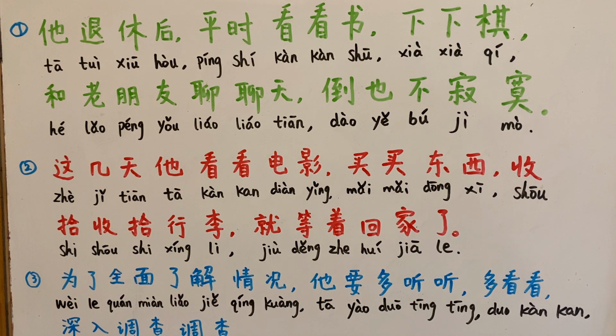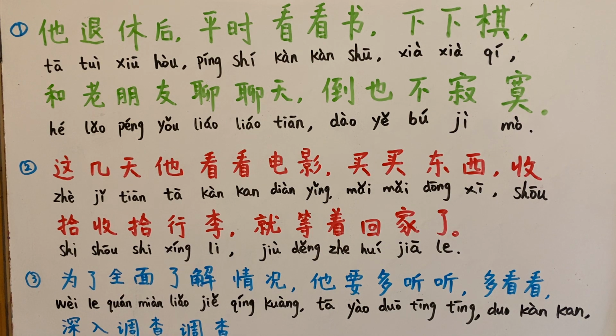就等着回家了. So here, in the first two sentences, we can see the verb reduplication can be used in the kind of feeling that is leisurely, right? Not hurried, and the subject is in a good mood, right?